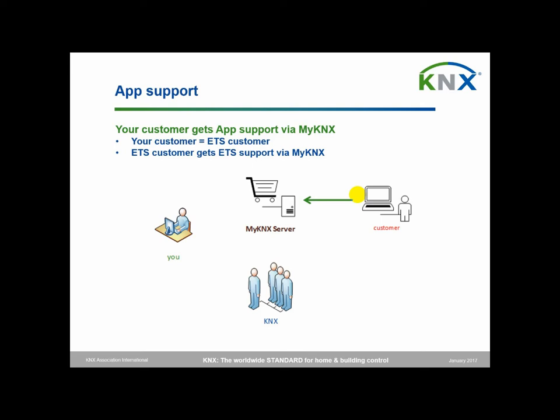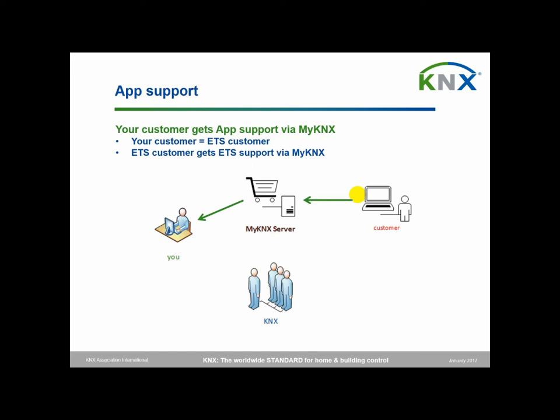So this is what will happen. The customer will address us via the MyKNX server, so via the MyKNX account. The ticket will then be forwarded to us, and we will find out, okay, this is actually app support, so it will be redirected to you. But for the customer, it looks as if he opened a ticket or forwarded a ticket to KNX Association.